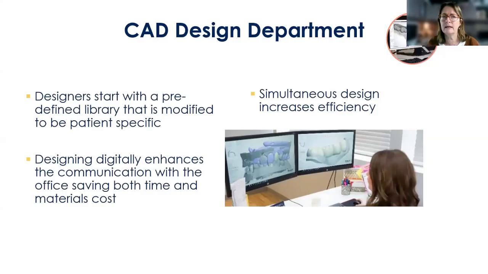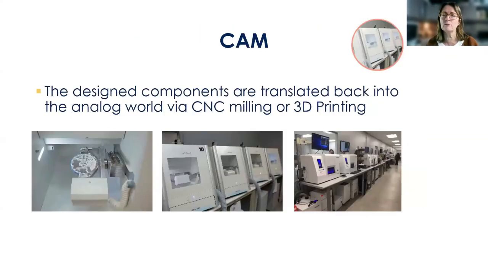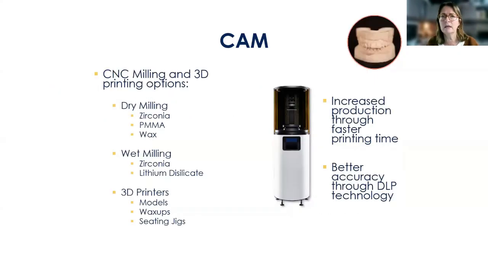Again, the designers start with a particular library that they are able to build in with your restoration design based off the morphology of the tooth that they are working on. CAM is computer aided milling, whereas CAD is computer aided design. We also do a tremendous amount of printing as well.